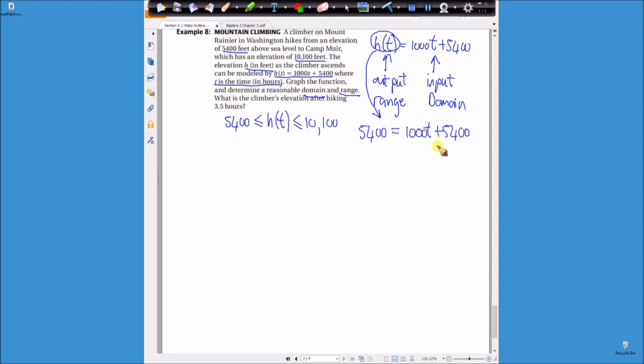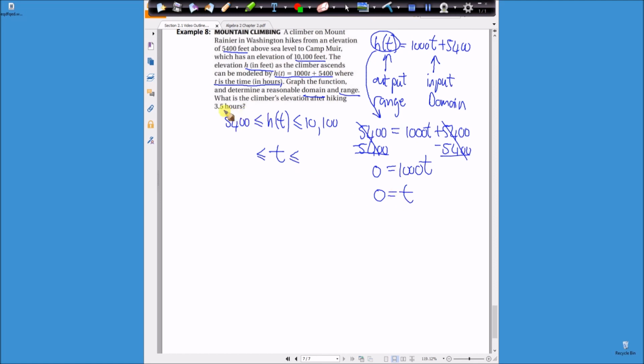If I subtract 5,400 from both sides, now I have 0 equals 1,000t. And so you know that means t is 0. Time is the domain we're looking for. This is the range, we're looking for the domain.